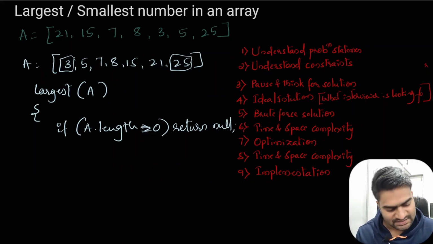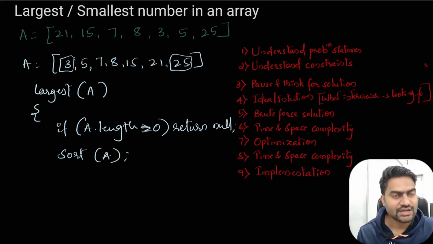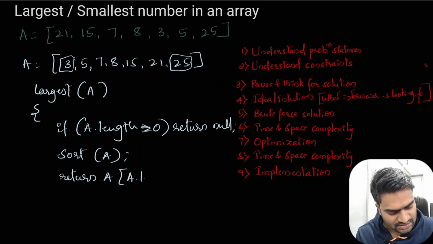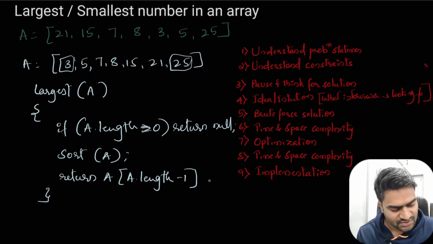If that is not the case, we go ahead and sort our array A. After sorting, we get the sorted numbers, and then we return a dot length minus 1, because it's 0-based indexing. The array contains indexes from 0 to n minus 1. So this is for the largest number.